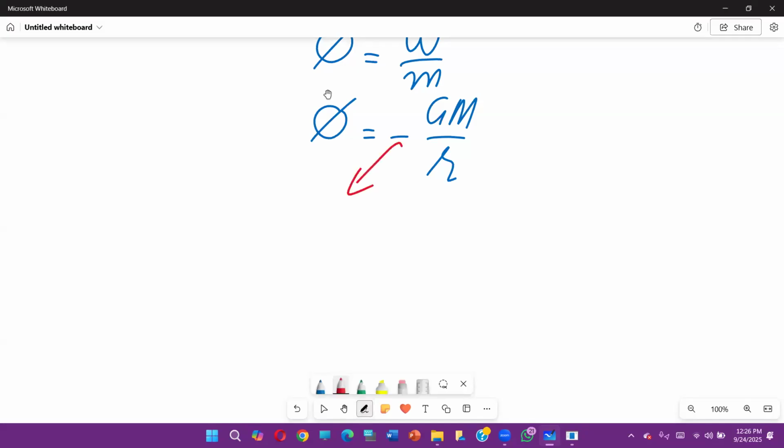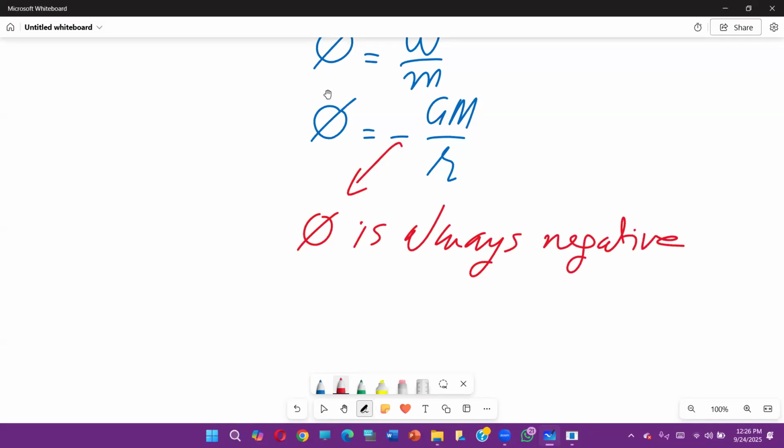So this symbol means that phi is always negative, and it's normally a 2-mark question. Why is it negative? Because the gravitational field is attractive, and the work done in moving an object gradually decreases. Good.